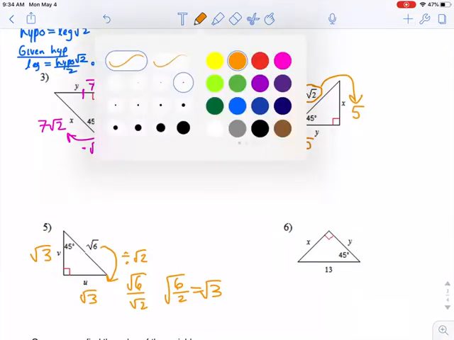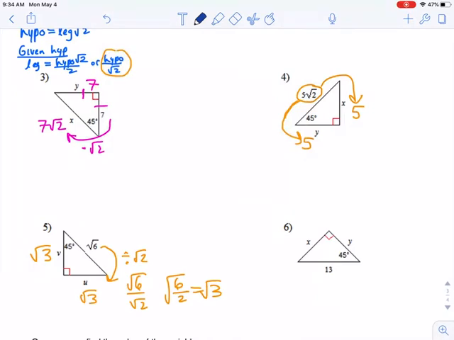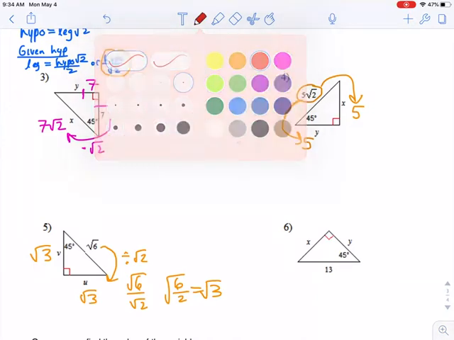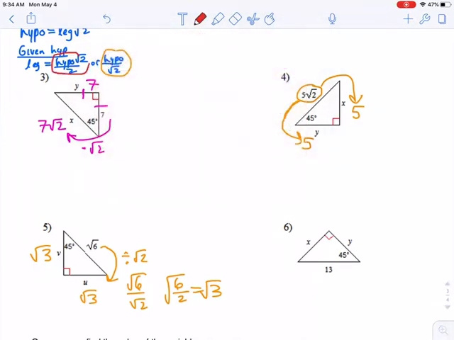So that's that. And then number 6, we'll actually get to use the first version of the rule, where I'm going to take 13 and multiply by radical 2 over 2 in both cases. So it's going to be 13 radical 2 over 2, and that can't be simplified.